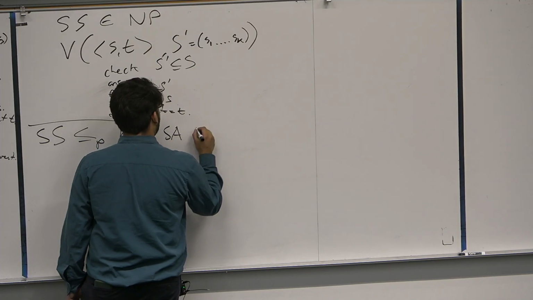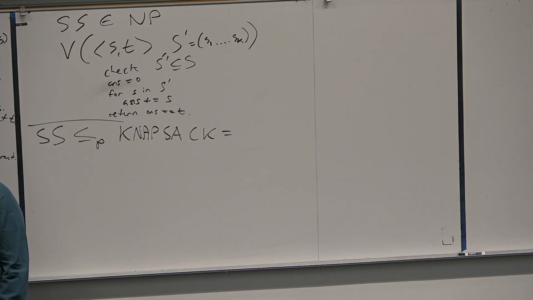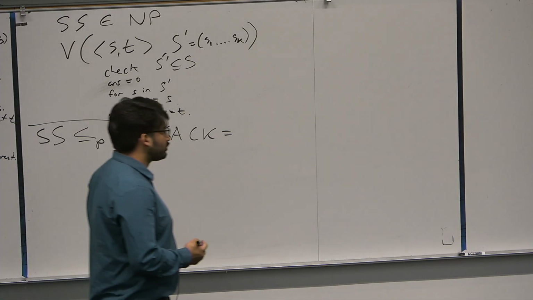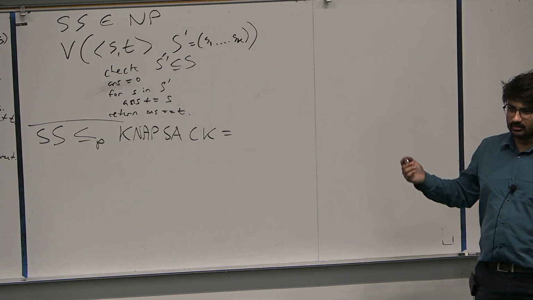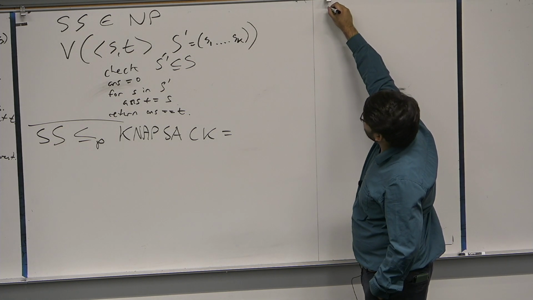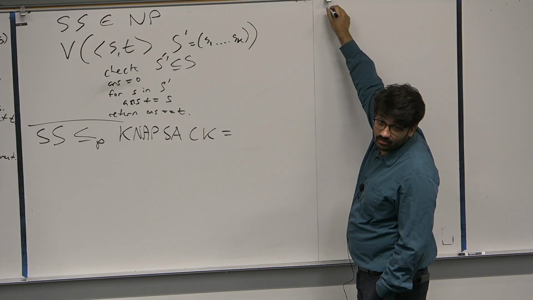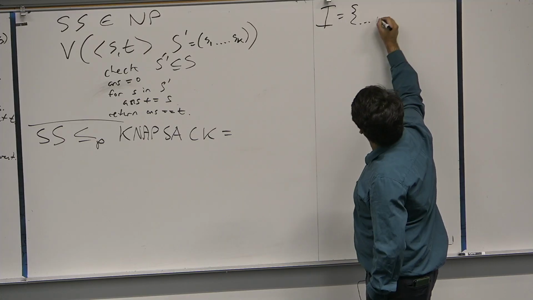First, we need a decision variant of knapsack. What is the search variant of knapsack, right? Describe to me how knapsack, what is knapsack? Maximize the value while staying under a certain capacity. What is the input to knapsack first? A set of items with values and weights. I'll do this.